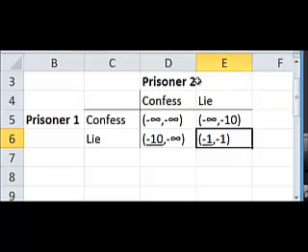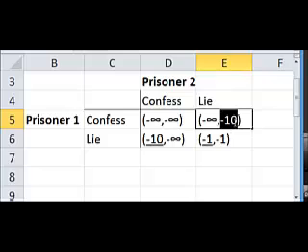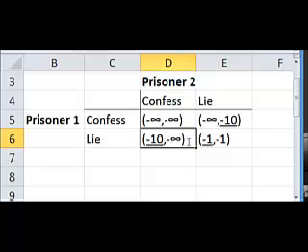Now we swap over to prisoner 2's role, and we see that if our friend confesses, it is better for us not to confess but to lie. So as prisoner 2, we don't say a word and we take the 10 years in prison. Now if our friend also lies and we confess, then we'd be worse off than if we also lied.